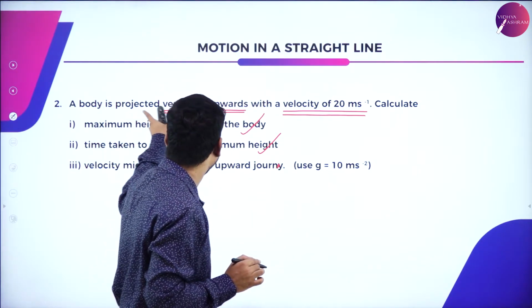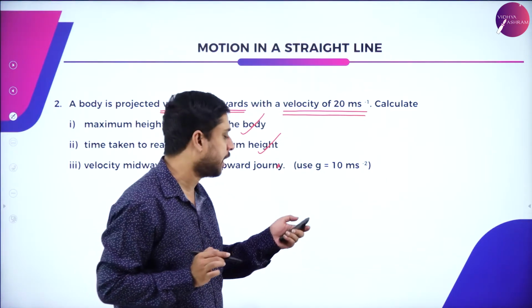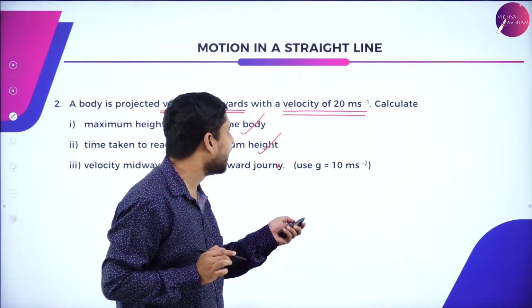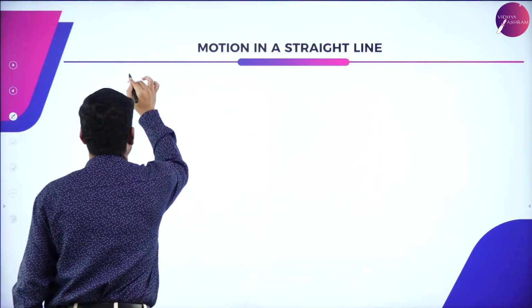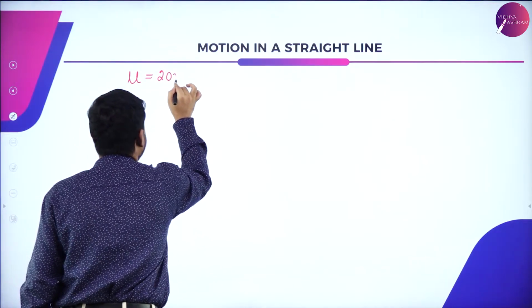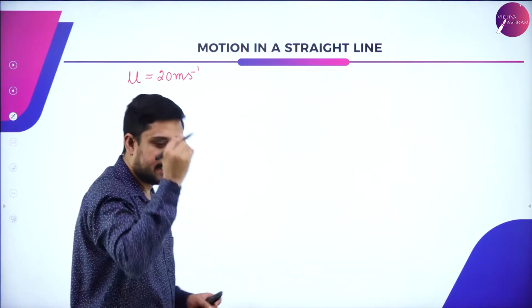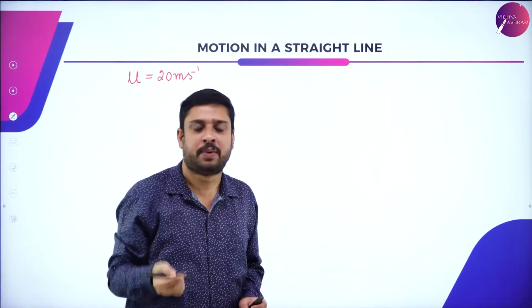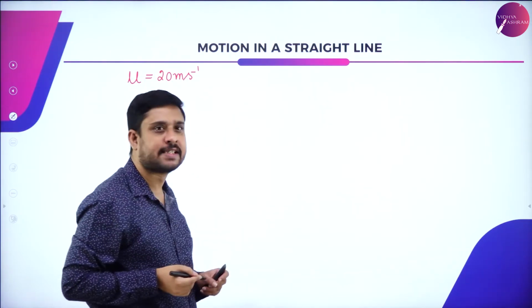Now to collect the data, velocity of projection is 20 meters per second. So u is 20 meters per second. The body is thrown up, it is projected up with this velocity.